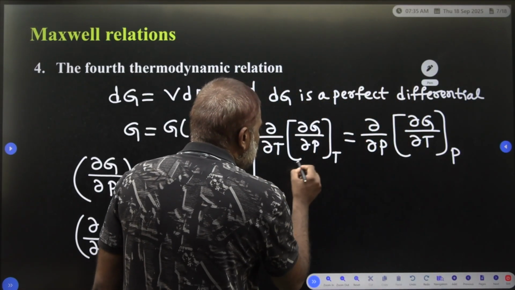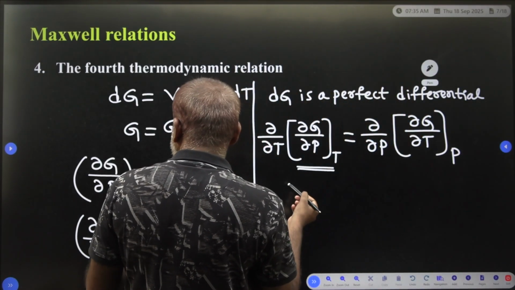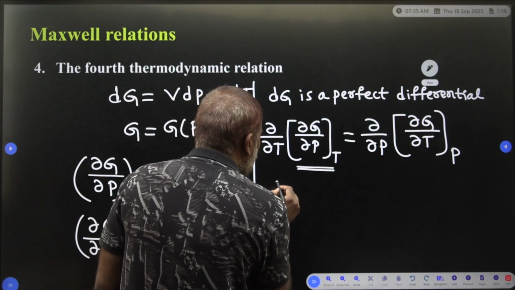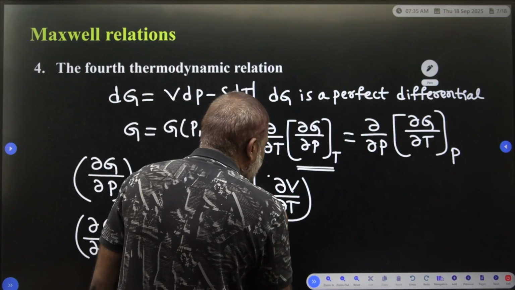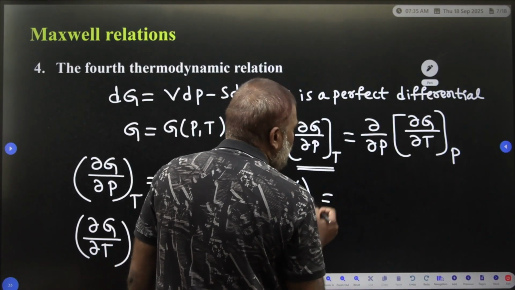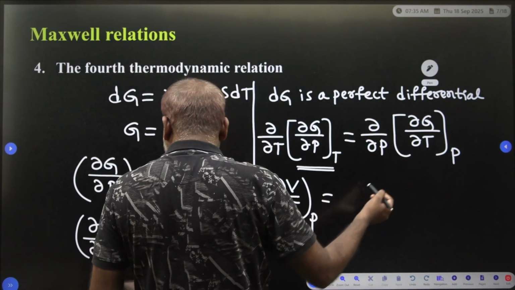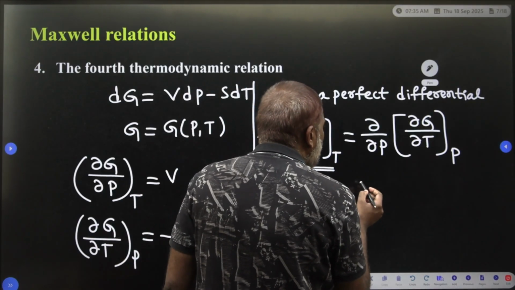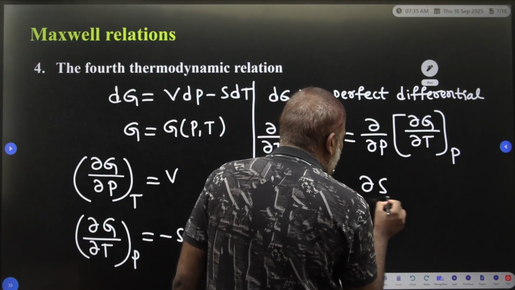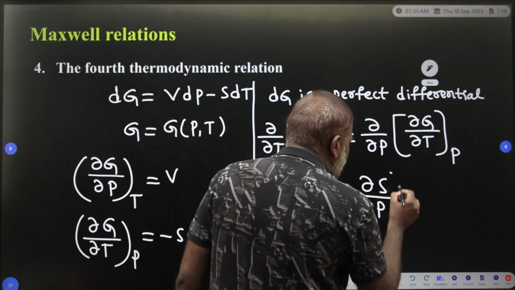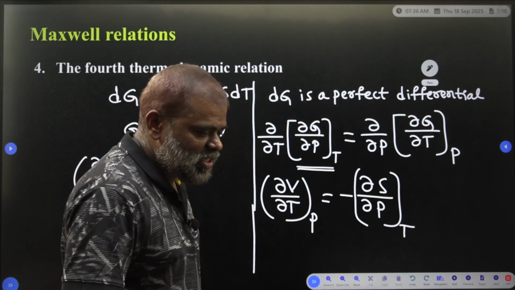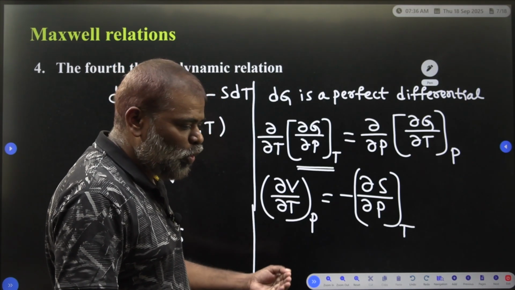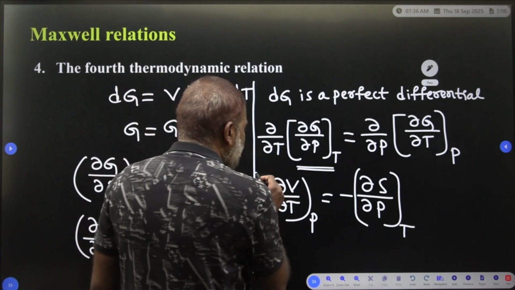So this entire term, (∂G/∂P) at constant temperature, is equal to V, and (∂G/∂T) at constant pressure is equal to minus S. So we get ∂V/∂T at constant pressure equal to minus ∂S/∂P at constant temperature.